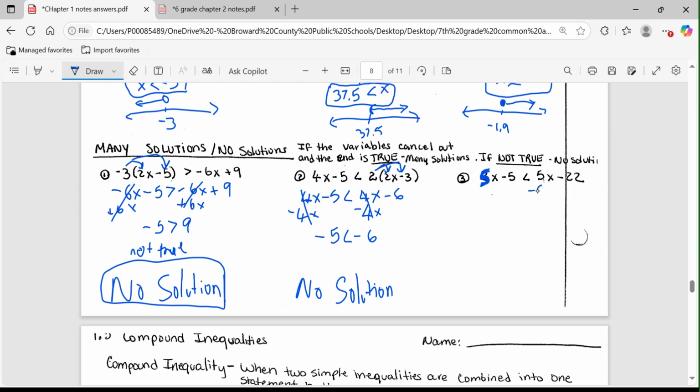So I will subtract 5x on both sides. And of course, those would cancel out. So now that I have negative 5, it would be less than negative 22. And is negative 5 less than negative 22? The answer to that is still false. Negative 5 is in fact greater than negative 22. And so this is actually no solution. Now, if it was true, then you would have many solutions or all real numbers.